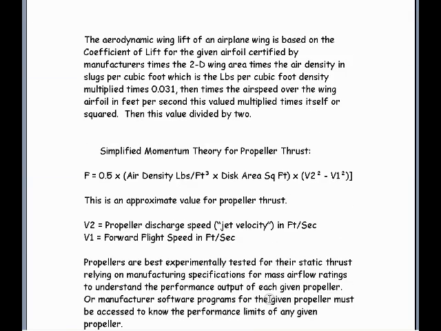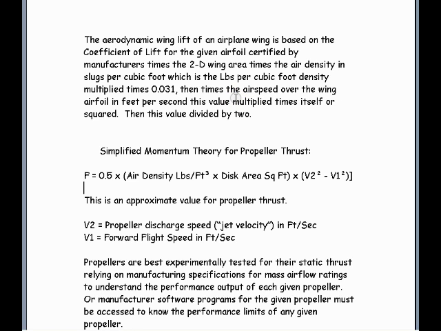The aerodynamic wing lift of an airplane wing is based on the coefficient of lift for the given airfoil, certified by manufacturers, times the 2D wing area times the air density in slugs per cubic foot, which is the pounds per cubic foot density multiplied times 0.031, then times the airspeed over the wing airfoil in feet per second. This value is multiplied times itself, or squared, then divided by 2.